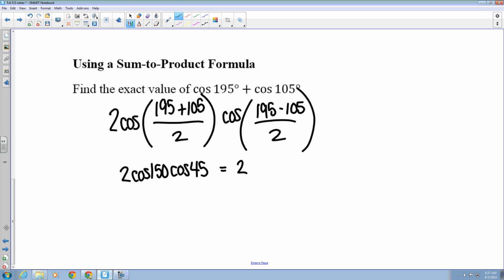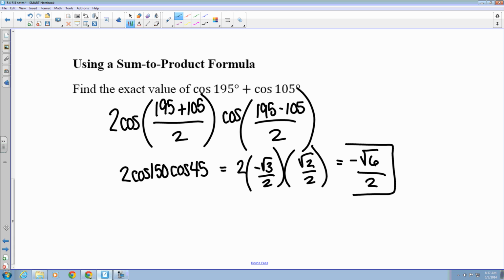I just have to look up cosine of 150, which is negative square root of 3 over 2, and cosine of 45, which is the square root of 2 over 2, and multiply. Get negative square root of 6 over 2. So that was actually a lot faster than if I had gone through and done these individually. Cosine of 195 and cosine of 105 are both not on the unit circle, so I'd have to use sum formulas or half angle or anything else, and then I would have to add them together. This actually makes it a lot faster.